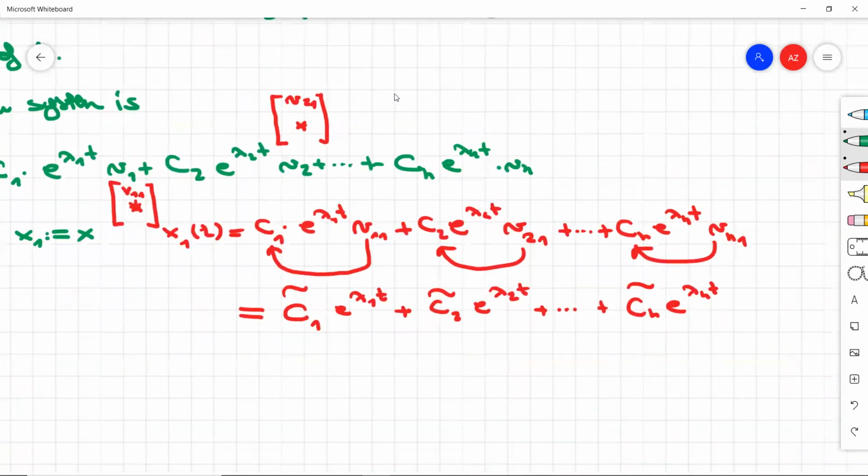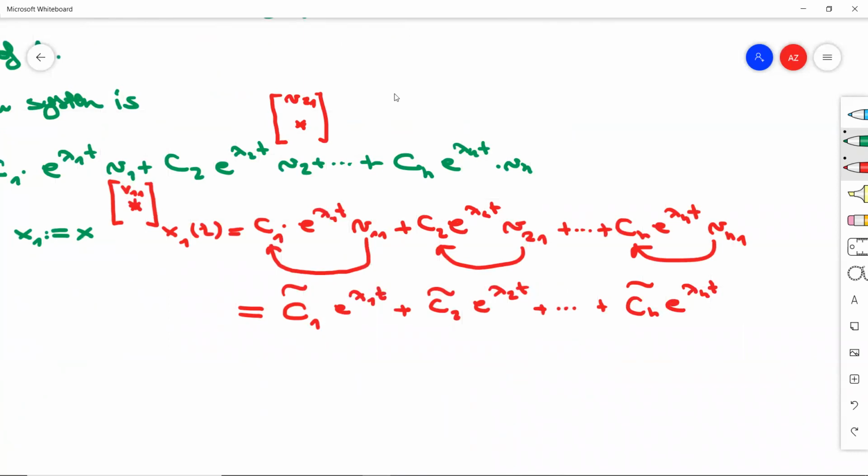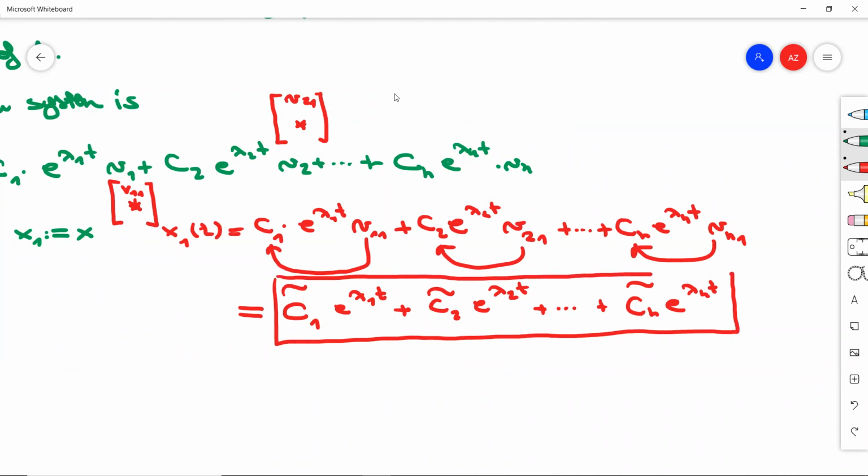So we see that the solution to our system is now a function. That's why we don't have any vectors involved anymore. And this solution is a linear combination of the functions e to lambda i t, where lambda i are the eigenvalues of A, or, by what I've said above, just zeros of the characteristic polynomial of our differential equation.